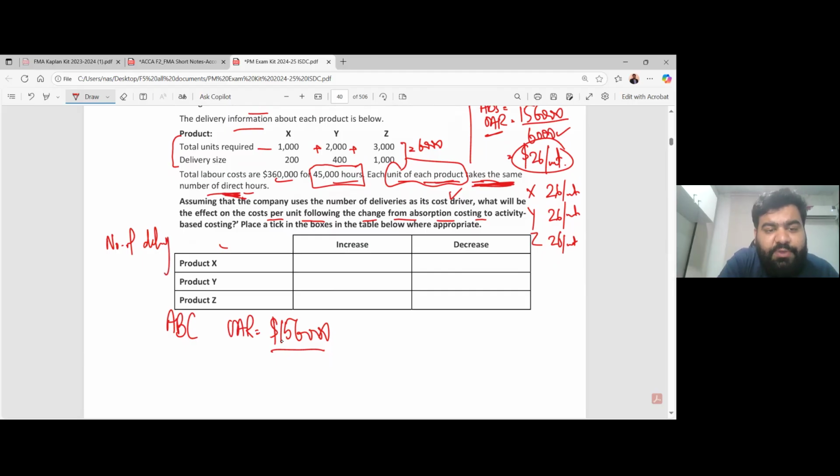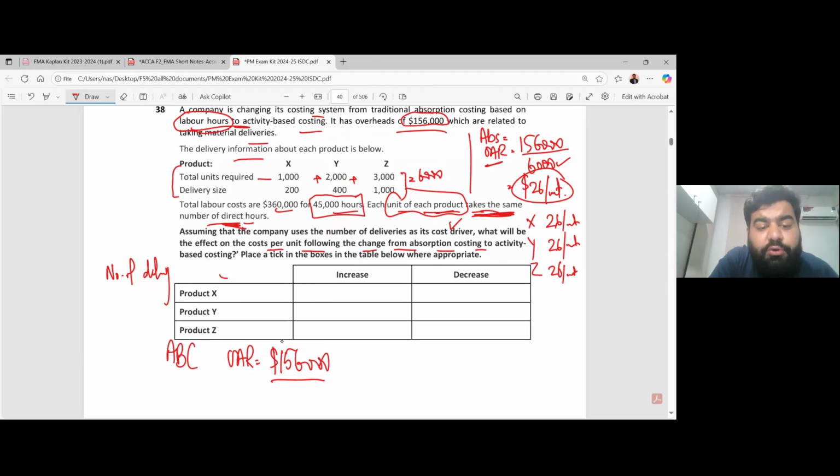But again, there is an issue: they have not given you the number of deliveries. They have given you the delivery size, which means how many units you deliver in one route. It's written for X 200 units, for Y 200 units, and for Z 400 units in one route.